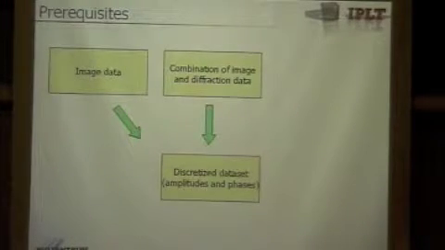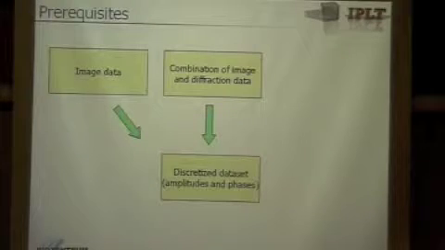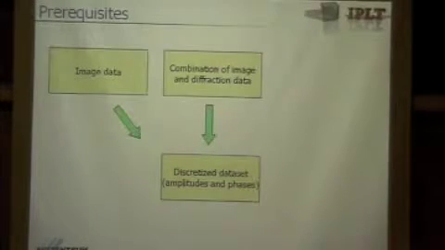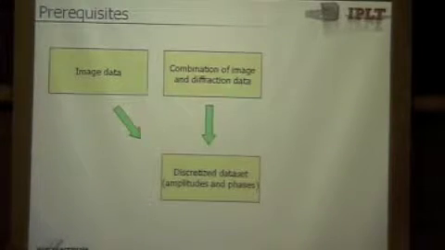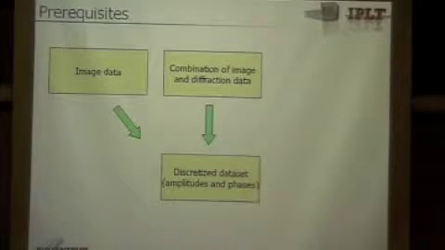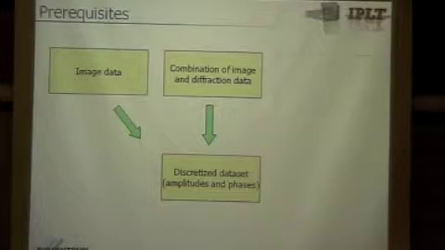You can do a combination of diffraction data, take amplitudes from there, use the phases from the images, completely kick out the amplitudes from the images, and do just a one-to-one combination. But there are also probably some more clever ways to do that, and Brian will talk more about that. But you don't really need two full data sets to get a 3D map.